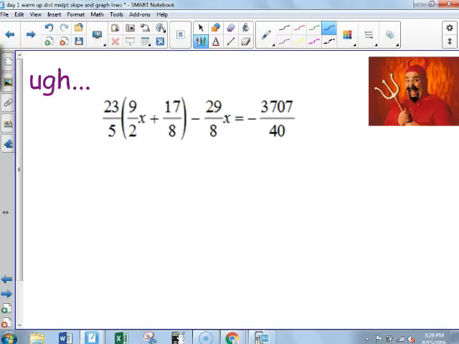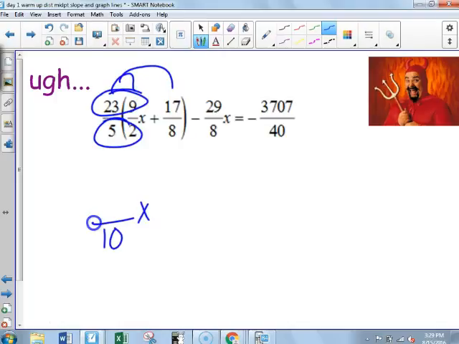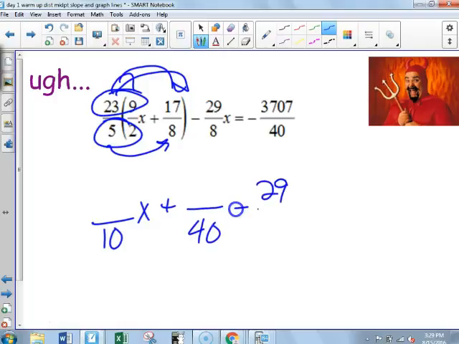One more thing before the bell rings here. If you have one like this, distribute before you do the multiplying through. So you multiply these two and you get some gobbledygook over 10. And then you do these two and these two, you get some gobbledygook over 40. Minus 29 over 8x equals this.